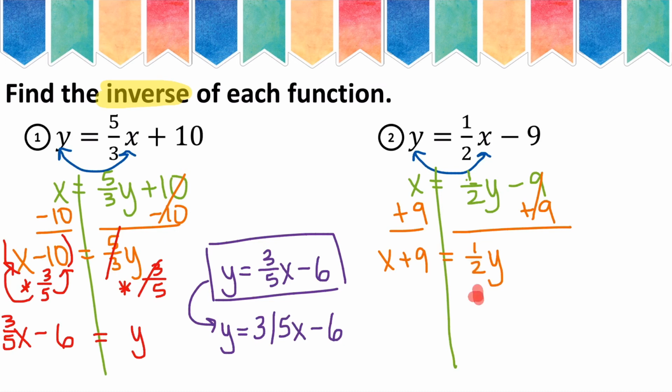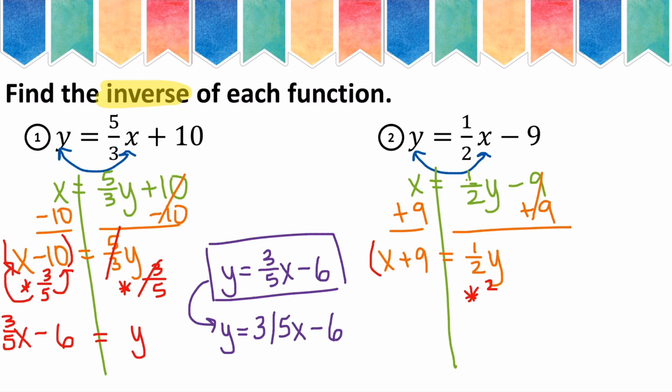So I will multiply by 2/1. Now remember, 2/1 is really the same as 2. When a 1 is on the bottom of a fraction, we don't need it. So instead of multiplying by 2/1, I will simply multiply by 2 on both sides.